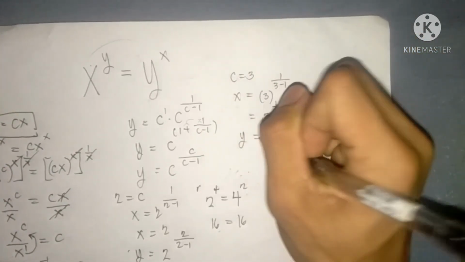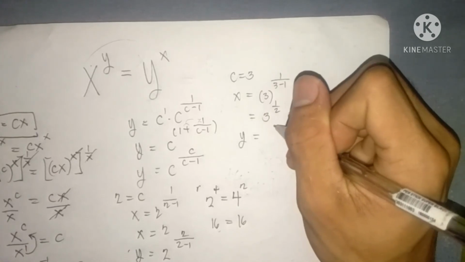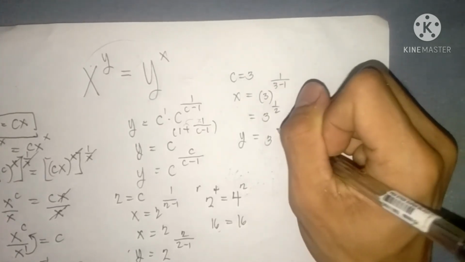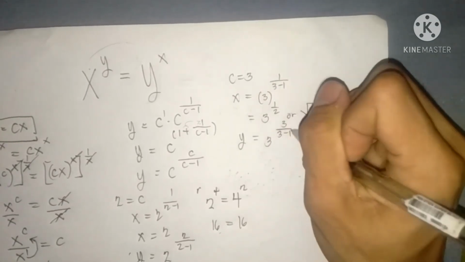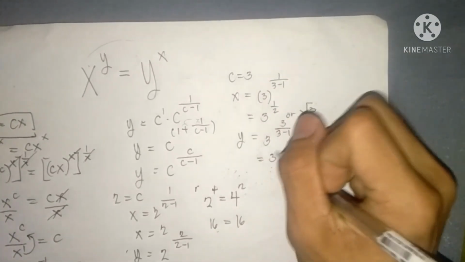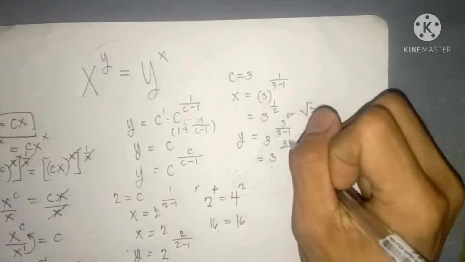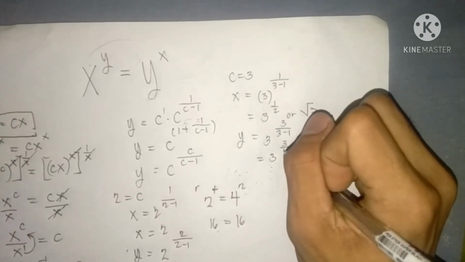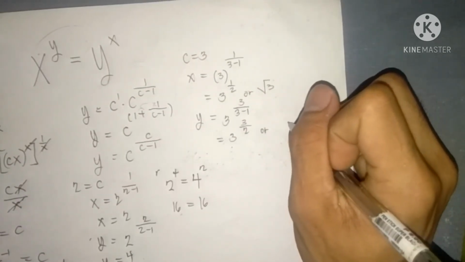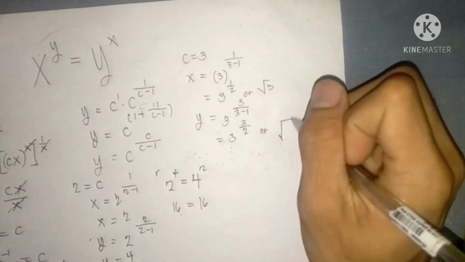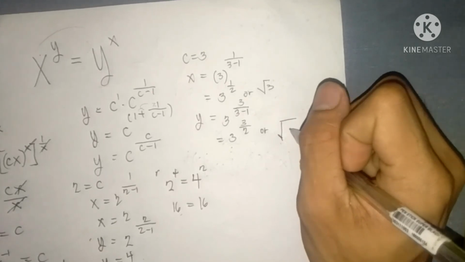Then, yung y naman is equal to 3 raised to 3 over 3 minus 1. So, leaving behind 3 over 2, or the square root of 3 cubed, which is the square root of 27.